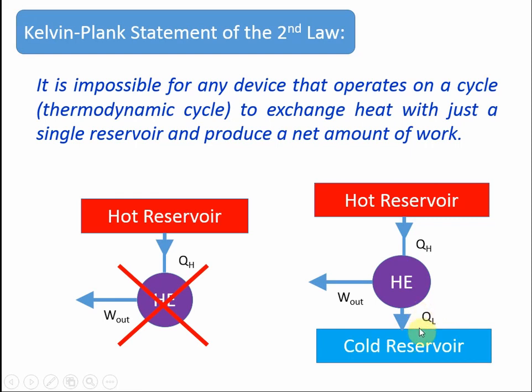This is an intentional or deliberate heat rejection which is required in order for the heat engine to operate in a thermodynamic cycle. You have to clearly understand this is a deliberate heat transfer. It is not heat loss due to improper insulation.